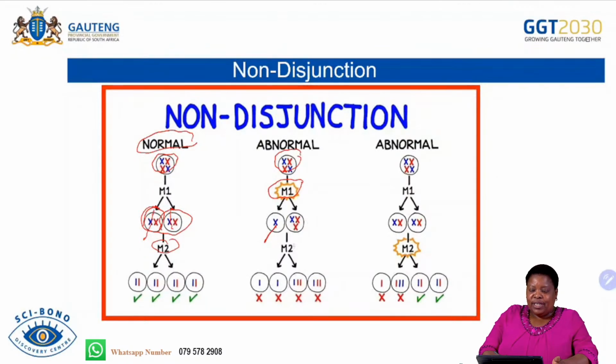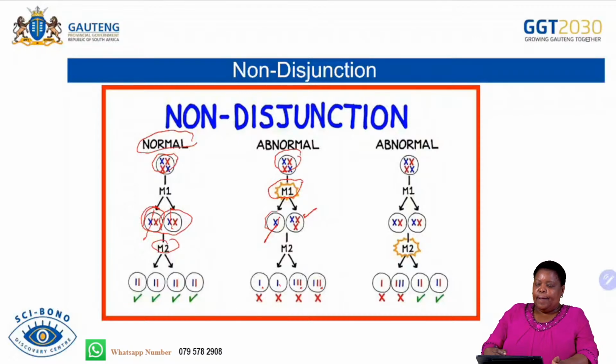Check what happens after meiosis 2 has taken place. From this cell, we're going to have 1 chromosome in 1 cell, 1 chromosome in the other cell. And this is abnormal, right? From this other haploid cell, we're going to have the 3rd chromosome here on this cell and also the 3rd chromosome here on this cell.